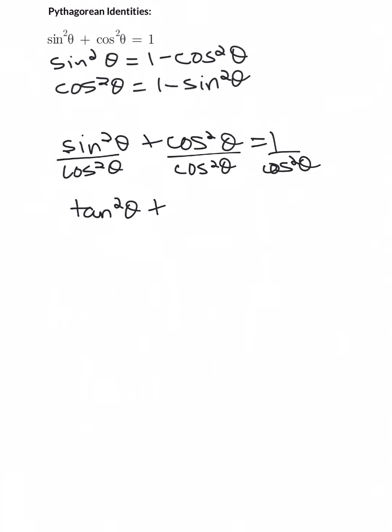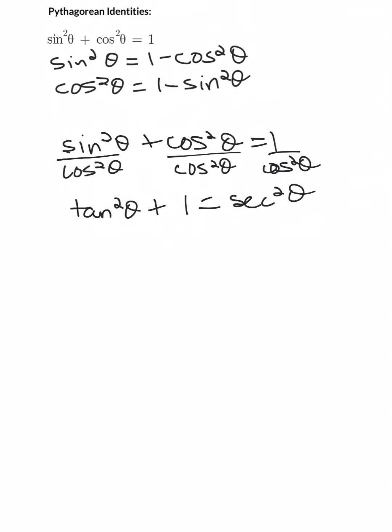Cosine squared over itself is 1, and 1 over cosine, remember that's the reciprocal of cosine, so that would be secant squared of theta. So this is our second possible Pythagorean identity.